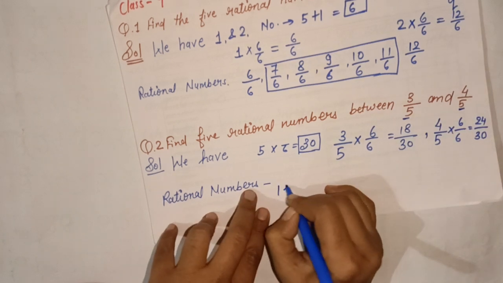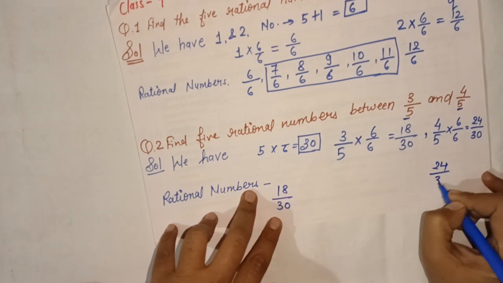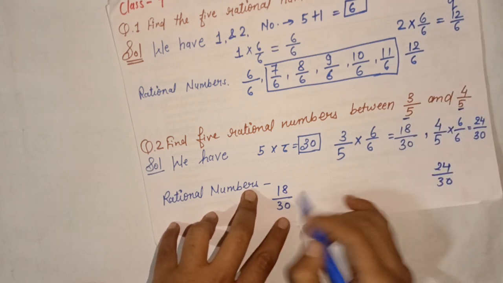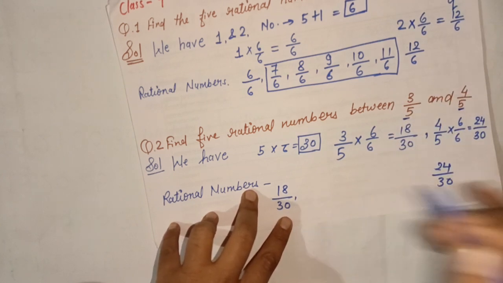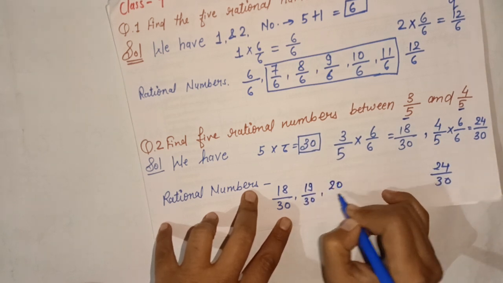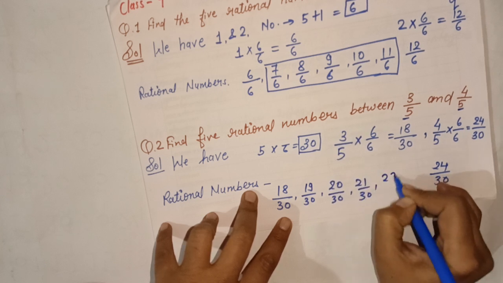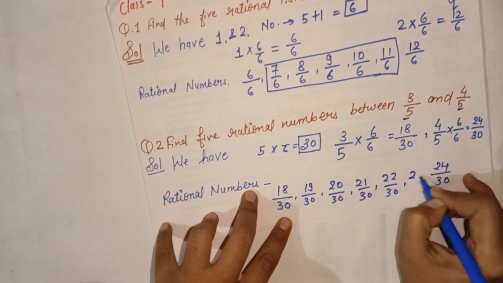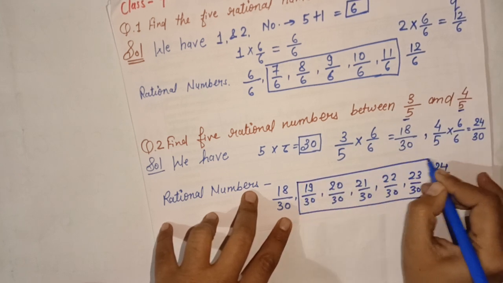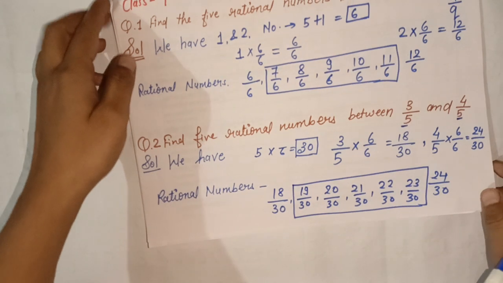So there are two numbers, 18 by 30 and 24 by 30, which correspond to 3 by 5 and 4 by 5. So here we can write numbers between them, that is 19 by 30, 20 by 30, 21 by 30, 22 by 30, 23 by 30. Now these are the required rational numbers which they were asking for in the question.